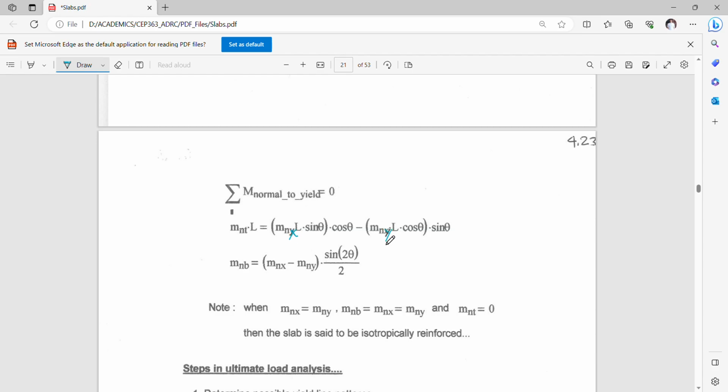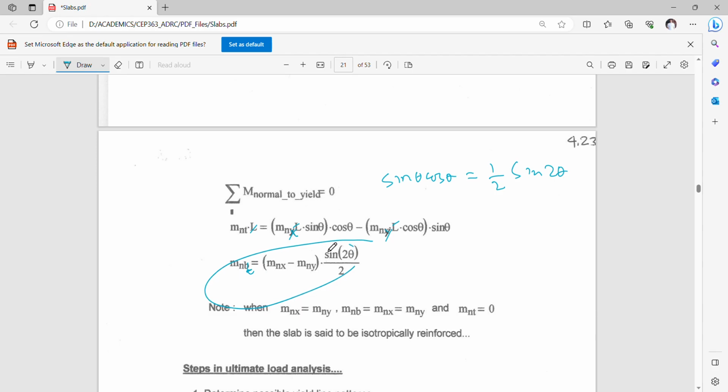Okay, so this is not b, this is d. Correction. And L will also cancel here, such that if I substitute the value of sine theta, cosine theta in your trigonometric identities, this will be equal to 1 half sine of 2 theta. So this is the equation for your MND.